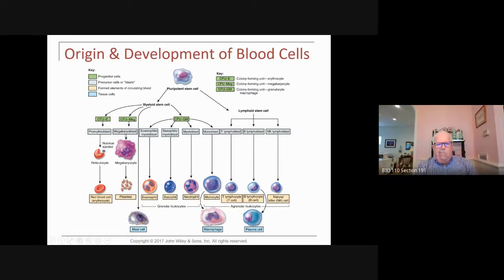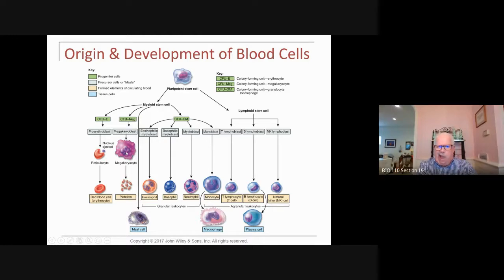What about a megakaryoblast? A megakaryoblast is the precursor of a megakaryocyte. A megakaryocyte is the precursor of platelets. This is a cell.